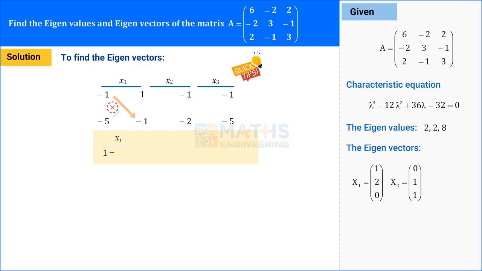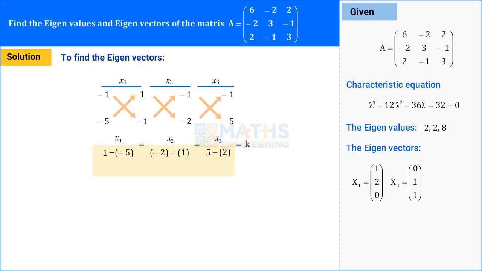Now, you cross multiply the coefficients, you get x1 divided by 6, which is equal to x2 divided by minus 3, which is equal to x3 divided by 3. We are equating this to k.